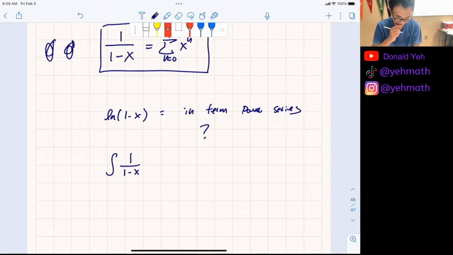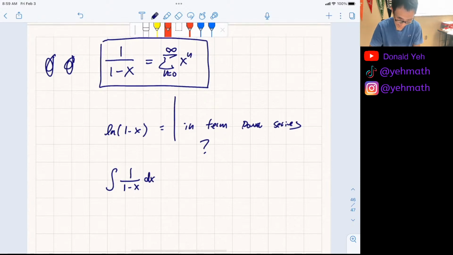Yeah, natural log. And then can I integrate this? I'm going to write this in terms of expressions: 1 plus x plus x squared plus x to the third plus x to the fourth, and so on. Let's take the integral on both sides.